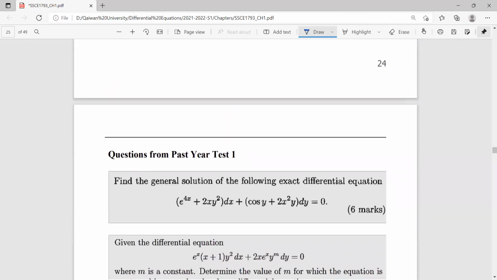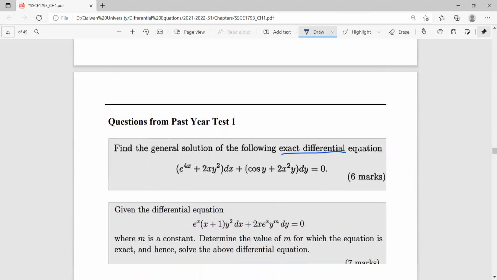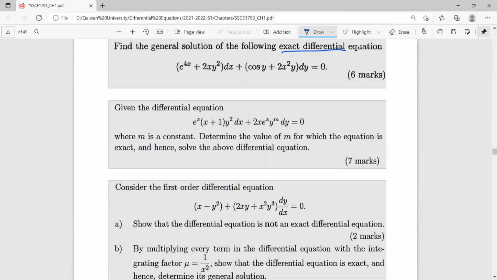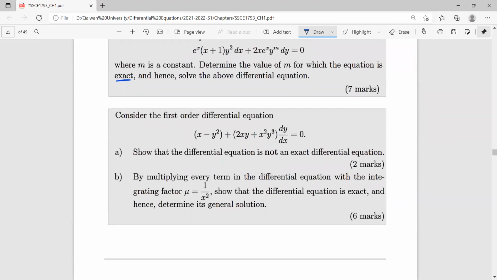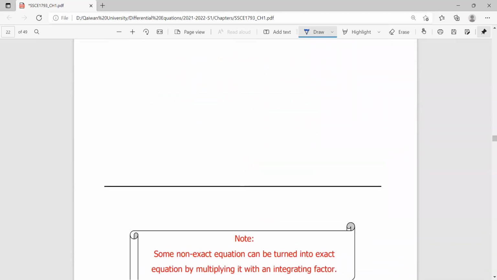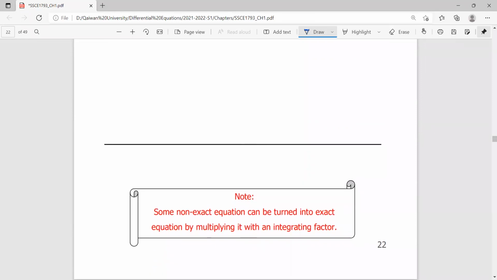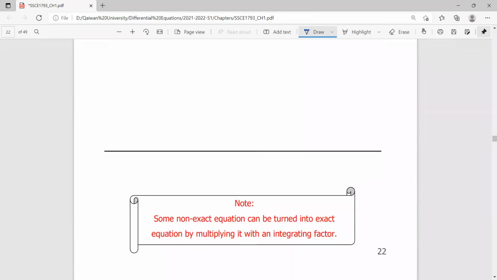If you see here, it's always given that the differential equation is exact. Look, here it says what's the value of m for the differential equation to be exact. And here comes a differential equation that shows it is not exact. That's also always given.